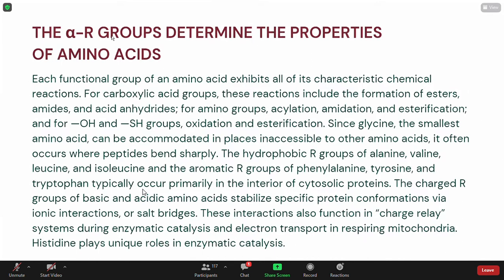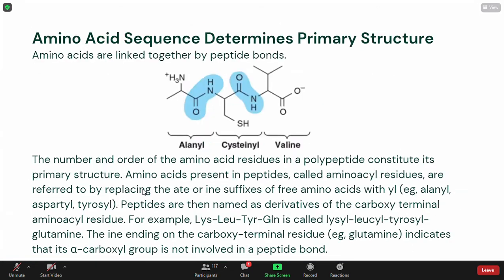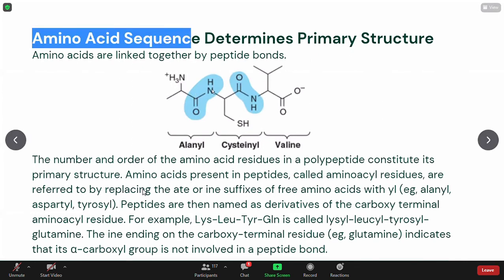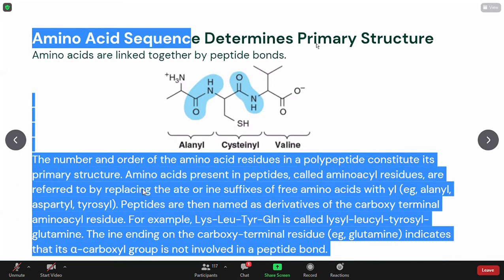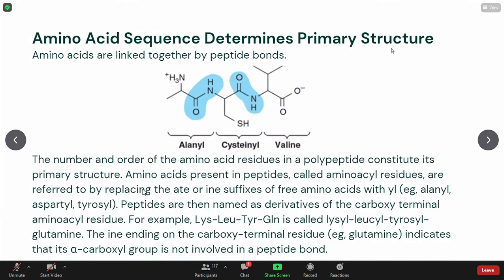It's the R group that determines the properties of amino acids. Amino acids that are already in a polypeptide chain is what we call the primary structure.